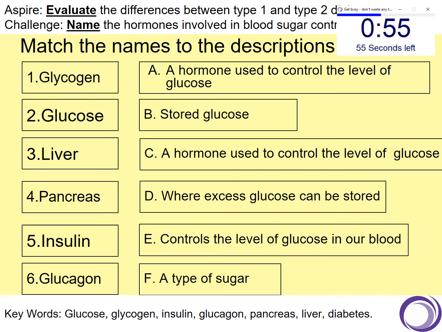You should be writing down each of the keywords and next to it say exactly what its description is.